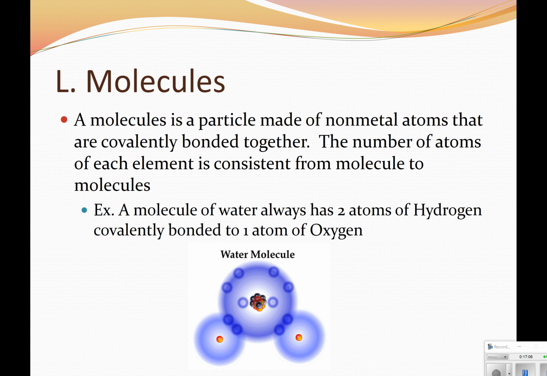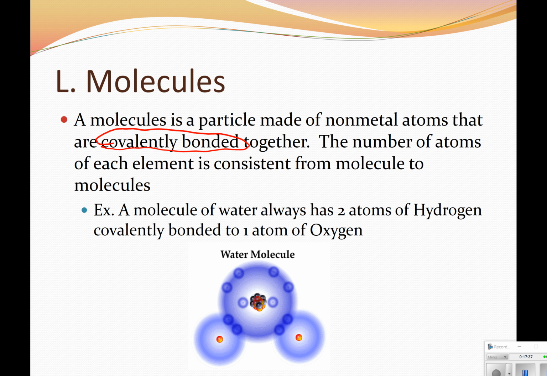Now, molecules are different than compounds, and when we get into bonding in our next topic, this will become a little bit more clear. But a molecule is a particle, kind of like a compound, but it's made of nonmetal atoms that are covalently bonded. And we'll learn about this specifically in our next topic, but they're covalently bonded together. They're essentially one part of each other now. The number of atoms of each of those elements in the molecule are consistent from molecule to molecule.